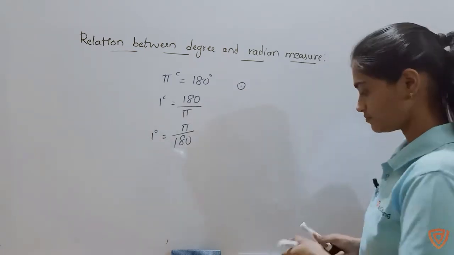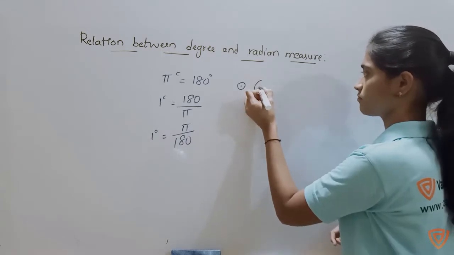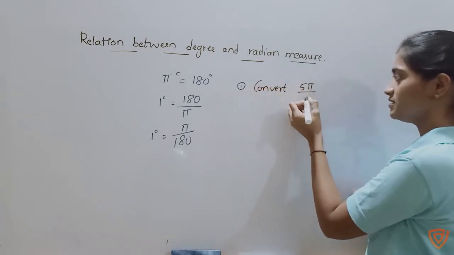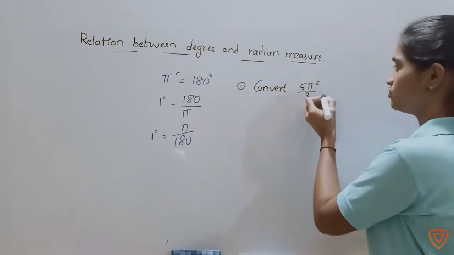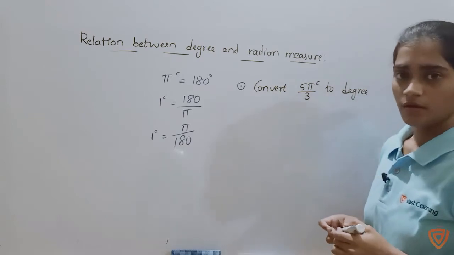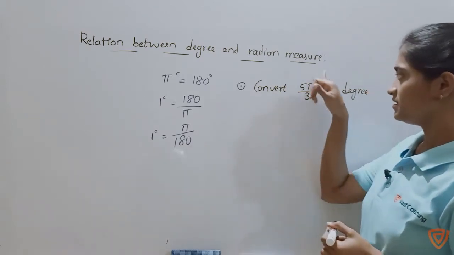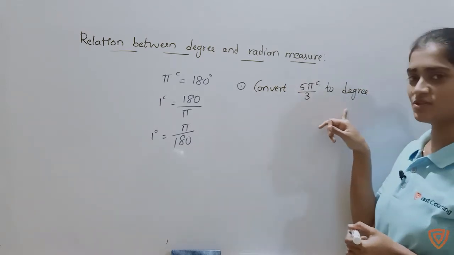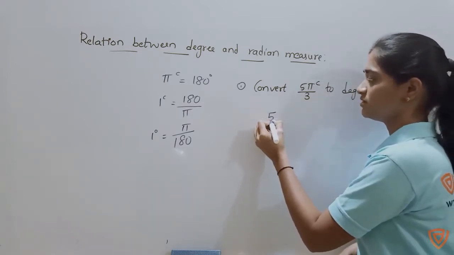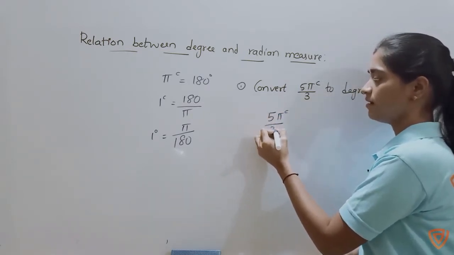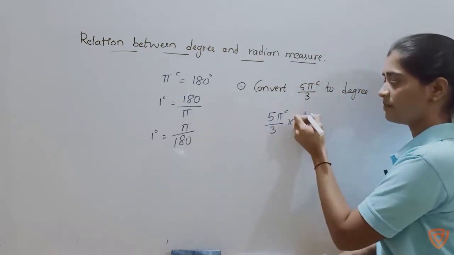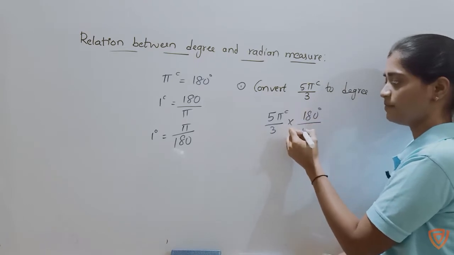Convert 5 pi by 3 radian to degree. This is in radian, so we need it in terms of degree. So what we are going to do is write the radian measure multiplied by 180 degrees divided by pi.